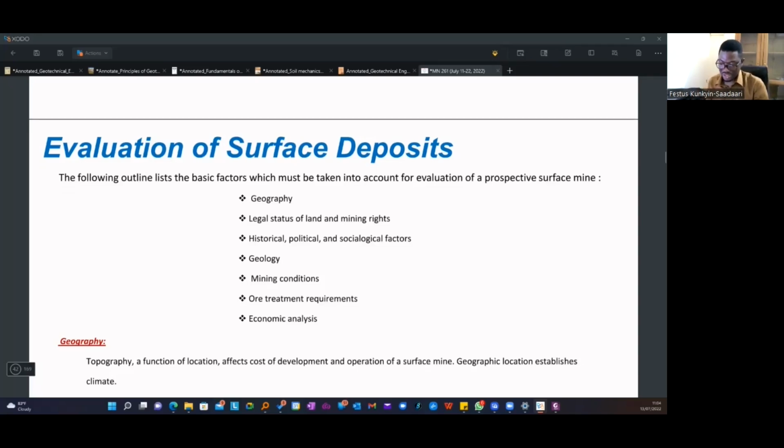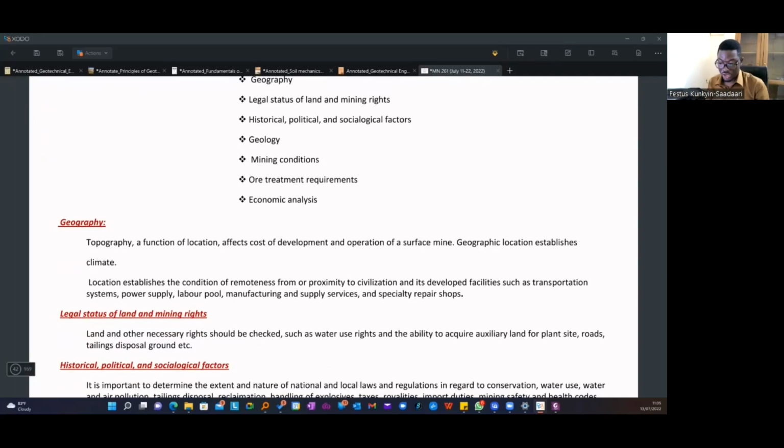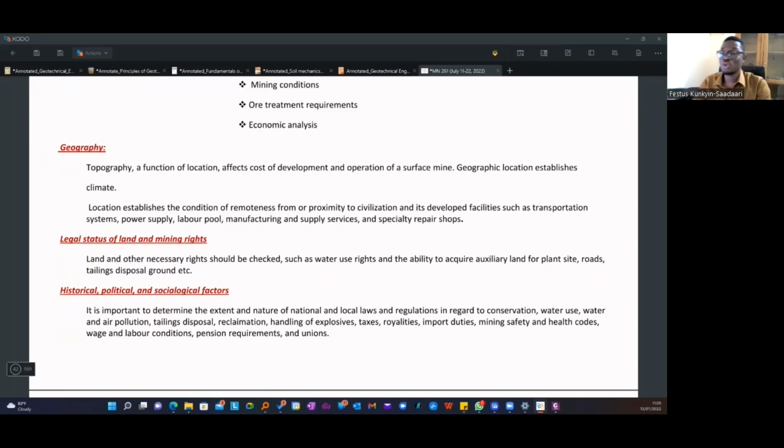So the considerable factors, some of them, are the geography of the area. It is also a function of topography. The geography is telling us about the nature of the land. And if you find a deposit that is buried beneath hills, don't you think that is going to affect the mining method? In general, the topography is going to affect us, because if I have so many hills, it will affect my road system, the road network I'm going to set up.